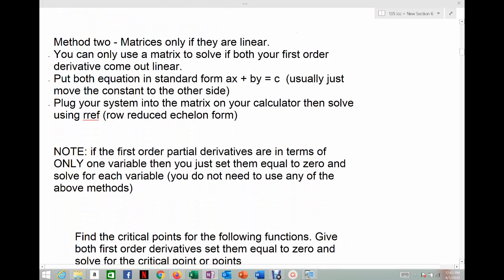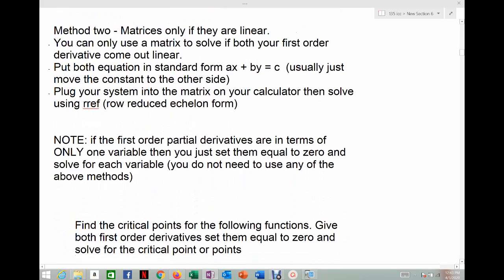Another case is if my critical values come out linear, meaning I can solve these with a matrix. My calculator can do the algebra for me. You can always use substitution, and substitution will always work.